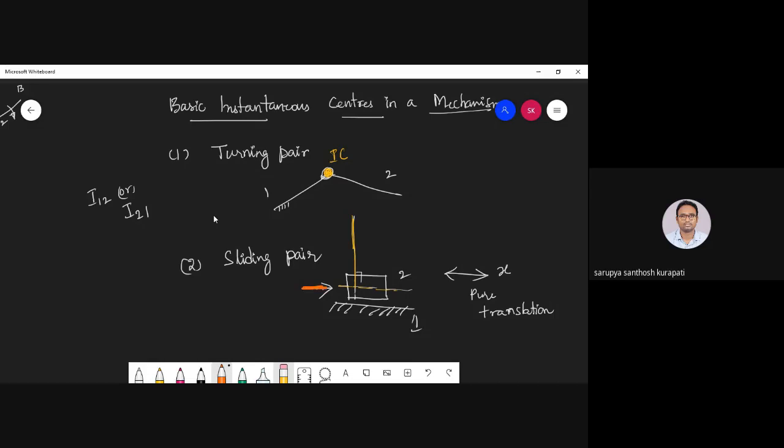So to find out the line which is perpendicular to the direction of motion, on that link if I sit or stand, I can observe pure rotation.